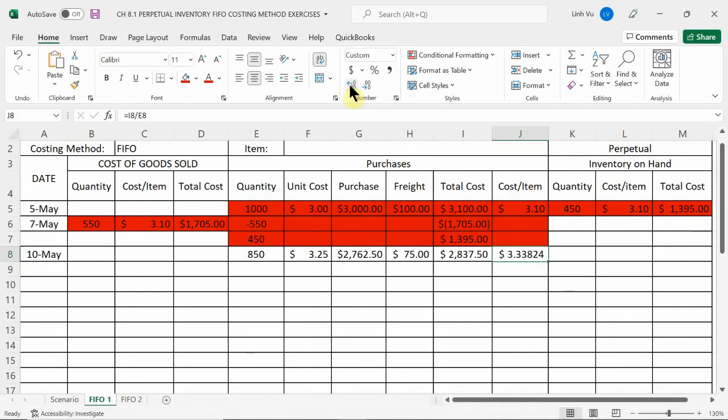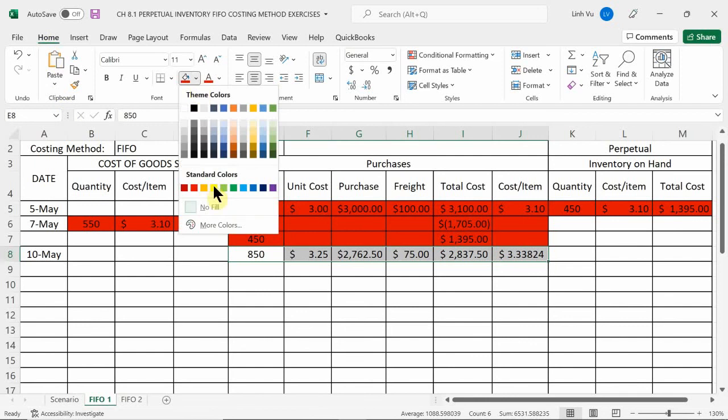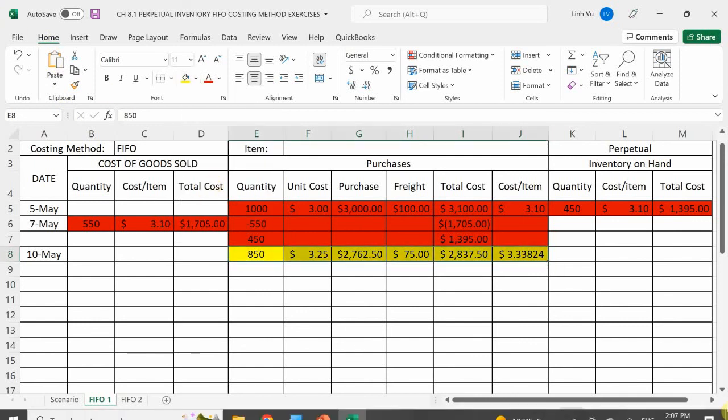Okay, so this is where we have an unrounded number. It's going to cost me 3.33824 per item. I'm going to identify this with a color, just so I can keep a good track record of it. I'm going to keep it in order by color, so in this case, yellow.